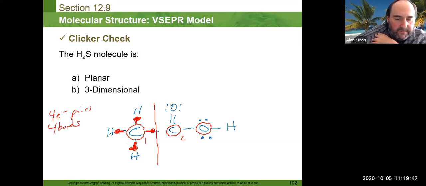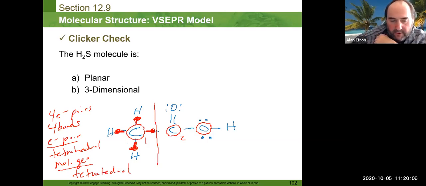So the electron pair geometry for that first carbon, because it has 4 electron pairs, should be tetrahedral. The molecular geometry should also be tetrahedral in that case, just for carbon number 1 here.